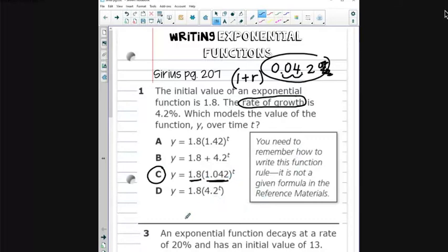So you need to remember that it's a b to the x power, but b becomes 1 plus r if it's a growth, or 1 minus r if it's a decay. That's what b becomes.